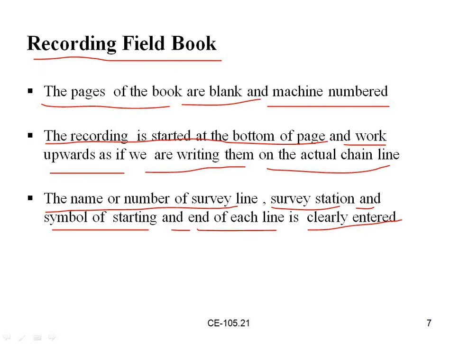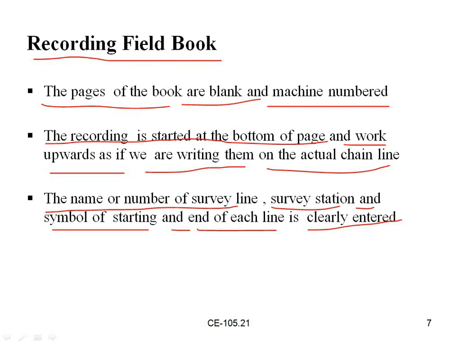Suppose the site location is there, we have to enter the site location name and number, which is the serial number of the survey line or chainage stone number, and the survey station, whether A, B or P, Q. We have to mention the survey station point and the symbol of starting, whether a circle or triangle or square, and the end of each line is clearly entered.